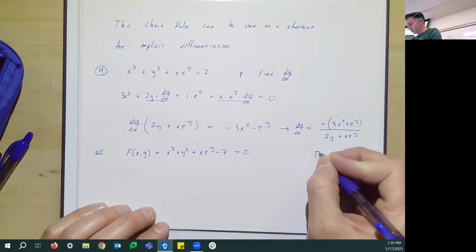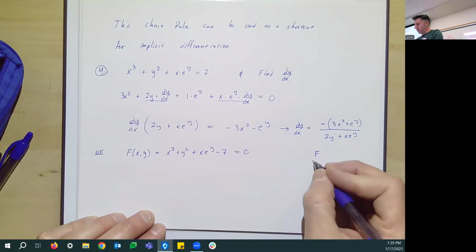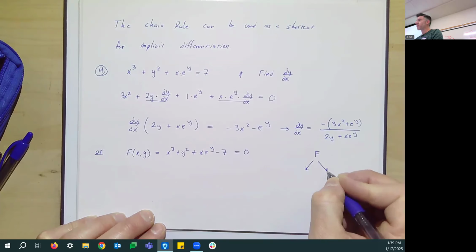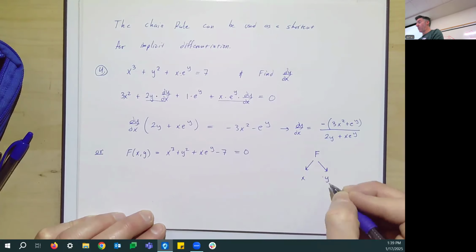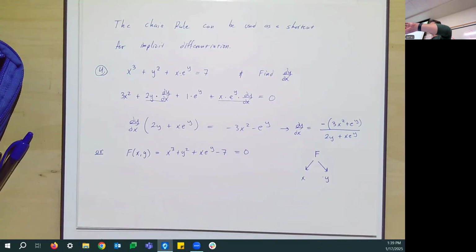So I'll point out that our function f depends on what two variables? x and y. But I'll also point out that we are making the implicit assumption that y depends on x. Right? That's usually what we do when we're doing implicit, where we're pretending like y is a function of x.